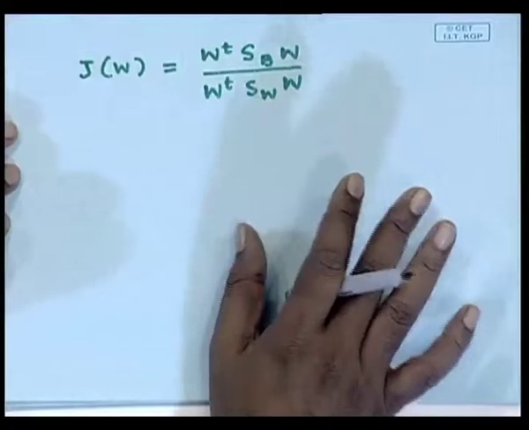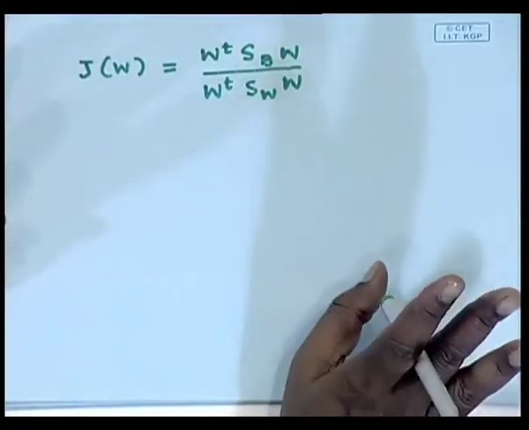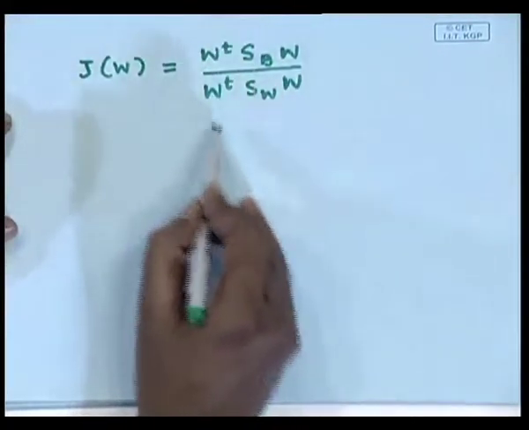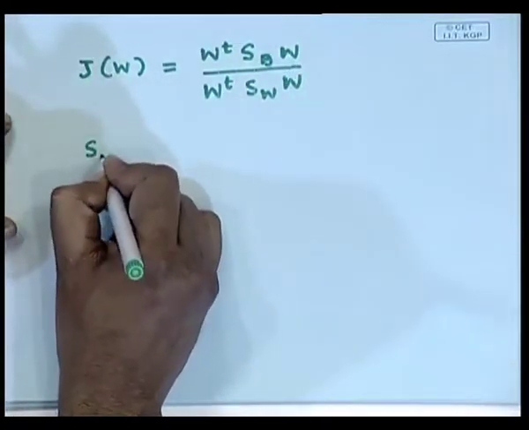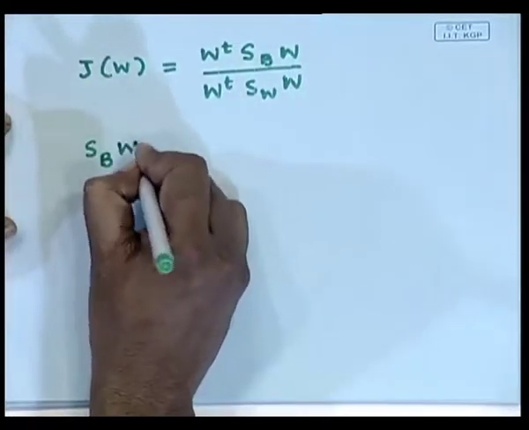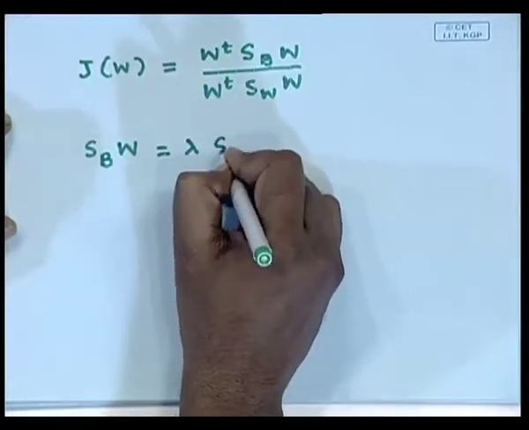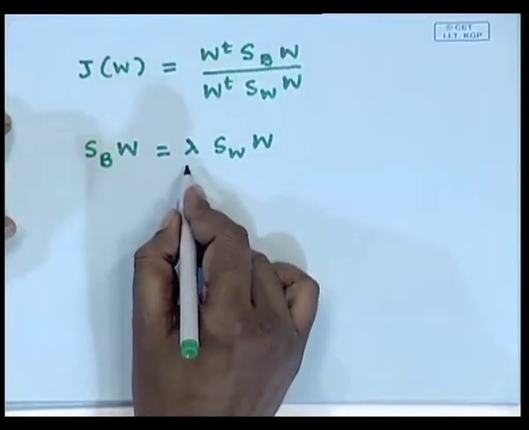So, what we have to do is maximize this ratio by varying the vector W, and W gives you the projection direction. And that is tedious mathematics. So, without going into the tedious mathematics, let us see what the solution is. A W which will maximize this ratio must satisfy S B W is equal to lambda S W W for some constant lambda.